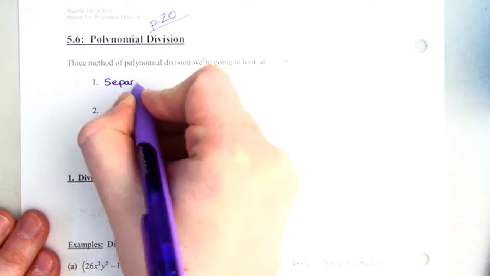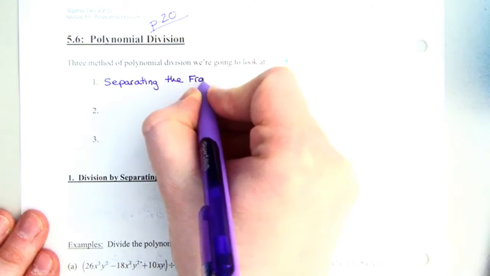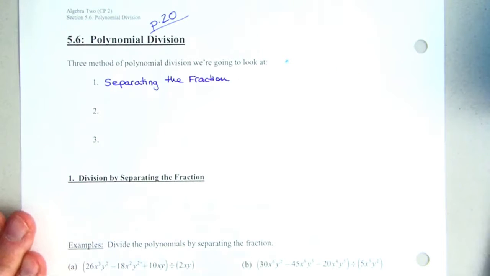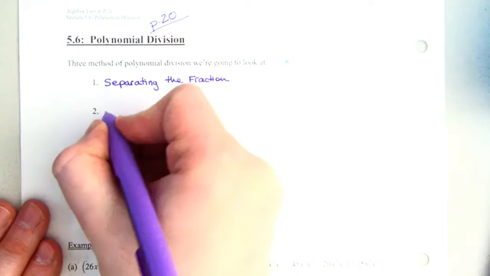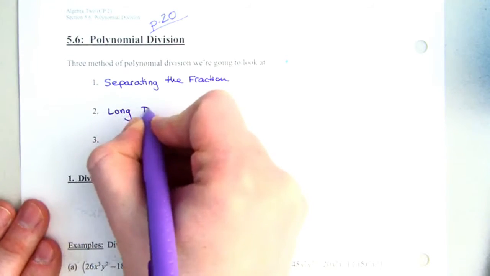The first method of division we're going to call separating the fraction. If that sounds familiar, it should, because we already did that earlier this year. Separating the fraction is our first method of polynomial division. Won't be a big deal. The second method we're going to look at is long division.